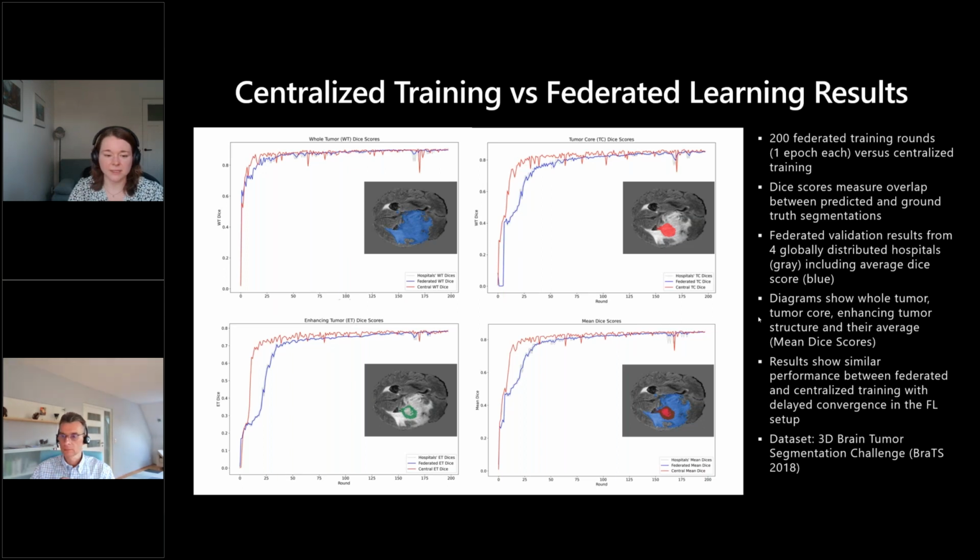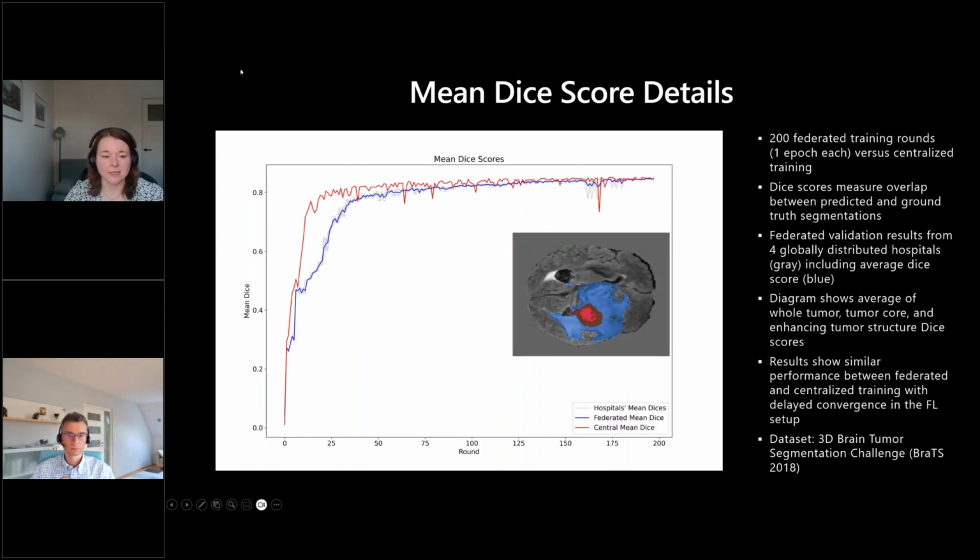It's probably a bit easier to show if we zoom in on these mean dice scores. This is the mean across the different tumor areas that are annotated. This is quite interesting, and these are the results that we hoped to see as well, because what you can see in this graph is that at the end, it shows similar performance between the federated and the centralized training run, although we need more epochs in the federated run to achieve the same performance.